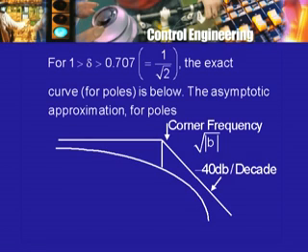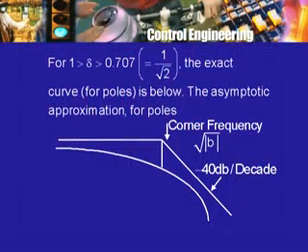Remember, long time ago we discussed the undamped, the underdamped, the critically damped, and the overdamped second order system. So, when delta, the damping ratio, lies between 1 and 0.707, it is underdamped, but the damping is greater than or equal to 0.707.